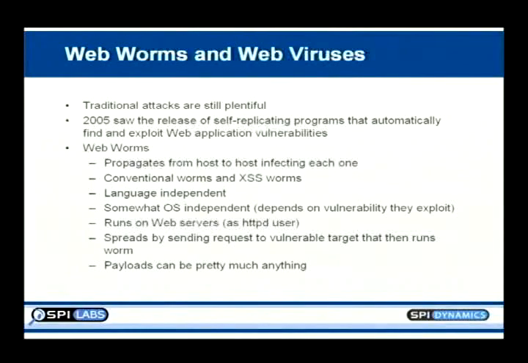So these are normally language independent. You can write these things pretty much in any language. People write them in Perl, people write them in Ruby. You can actually write them in cross-site scripting, but I cut that so I could talk a little more about the Yammer worm. They're somewhat OS independent.